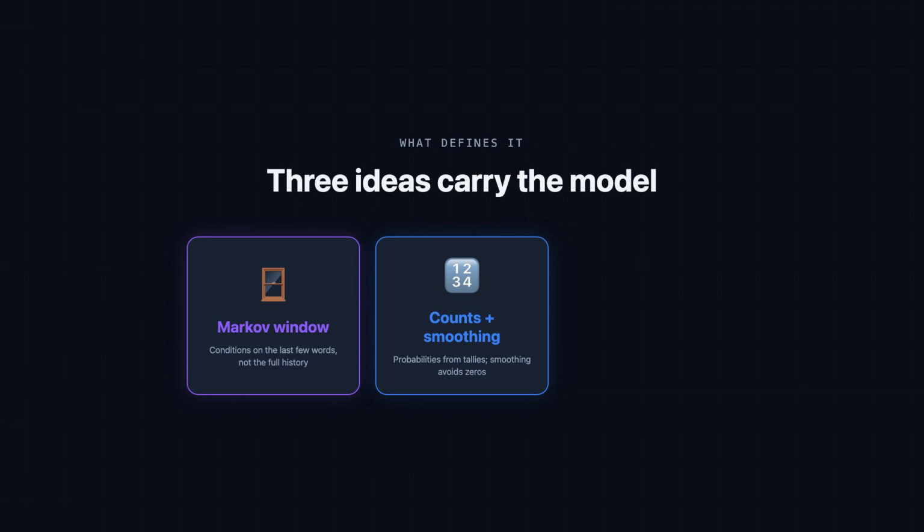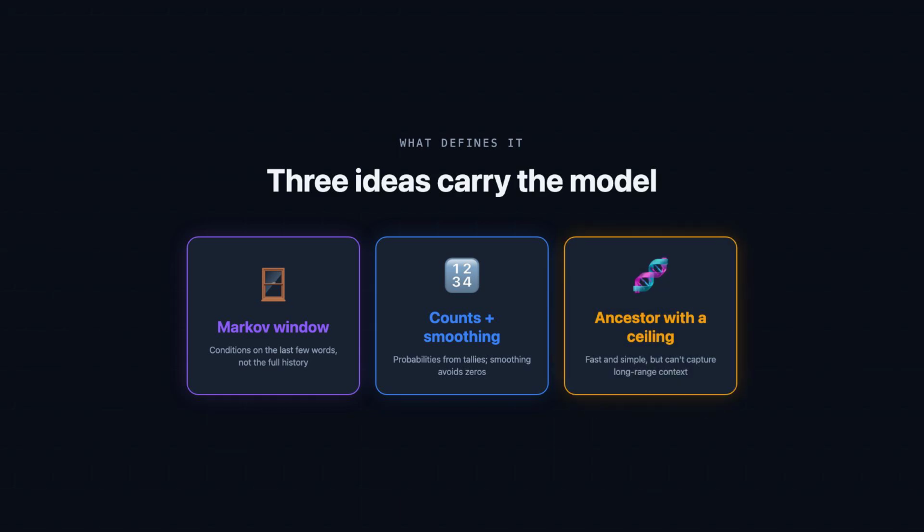You estimate everything by tallying sequences in text, then reserve some probability for the ones you never saw so nothing gets an impossible 0. Third, treat it as an ancestor with a real ceiling. It powered early speech recognition and machine translation, and it still shows up wherever speed and simplicity matter, but a small fixed window can never capture long-range dependencies, and that gap is exactly what neural models later closed.